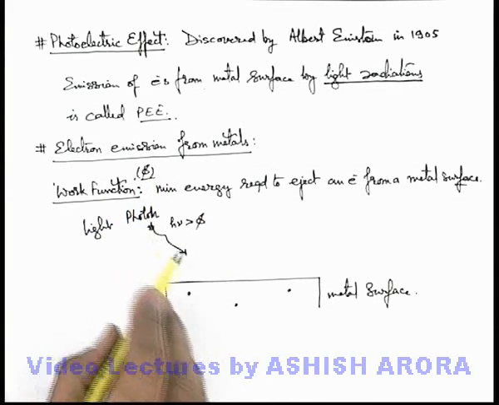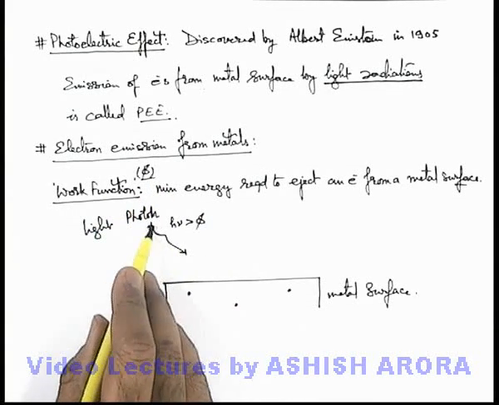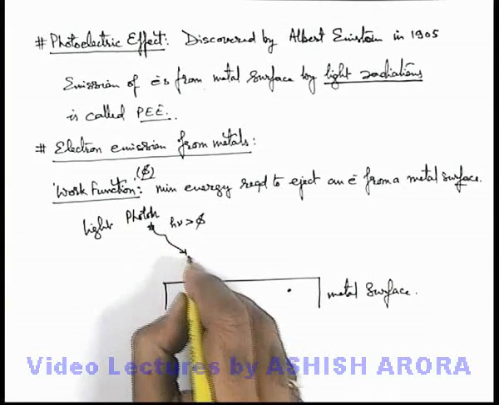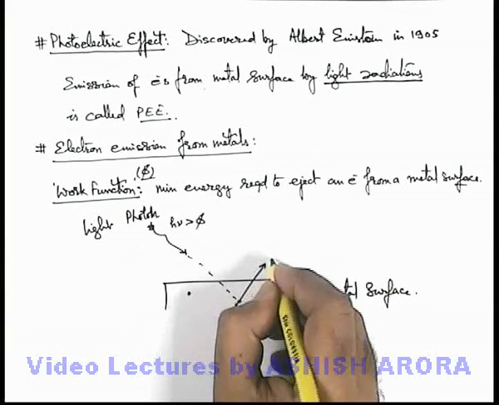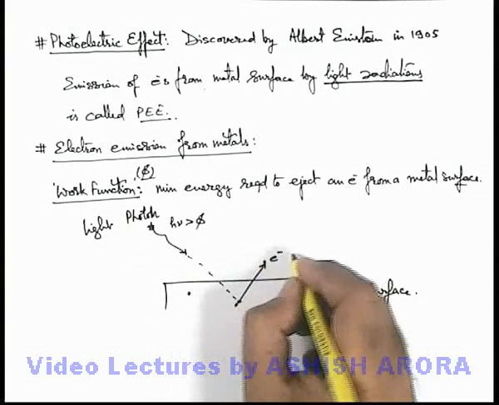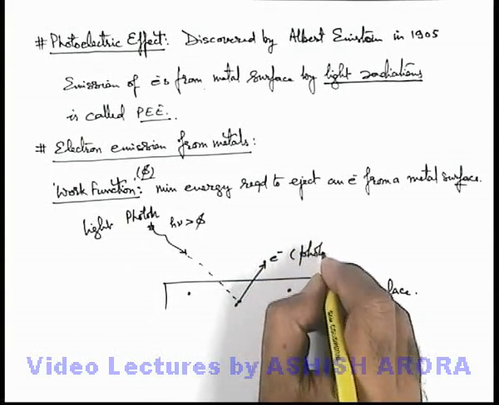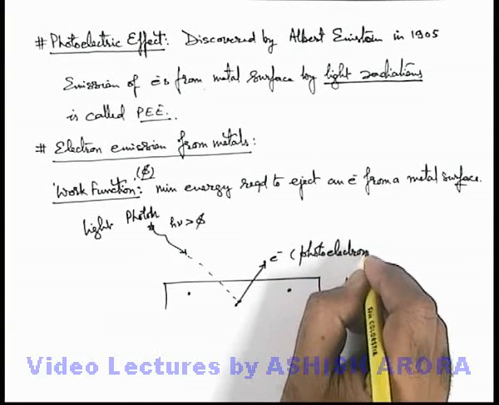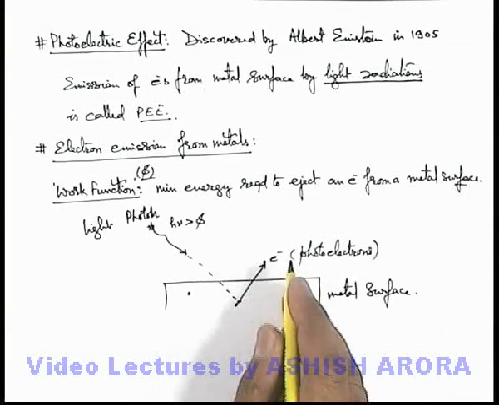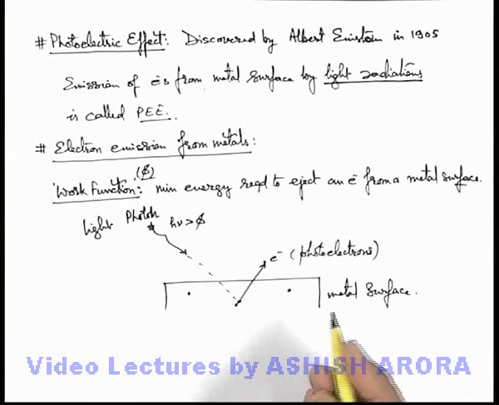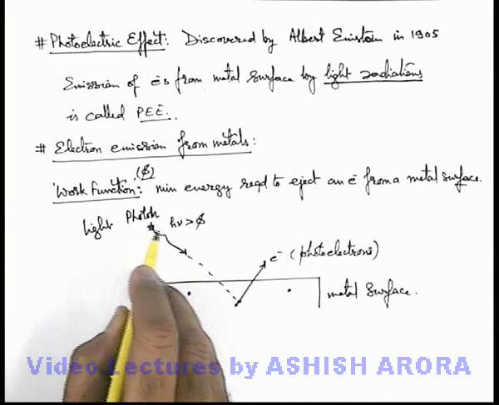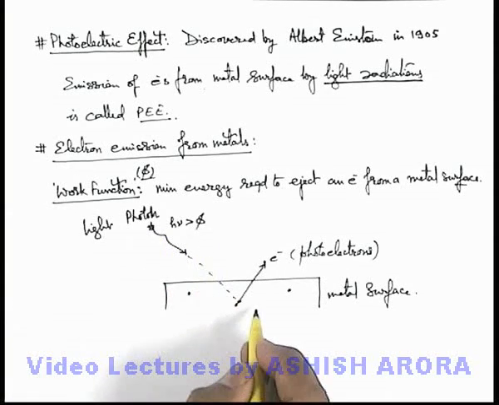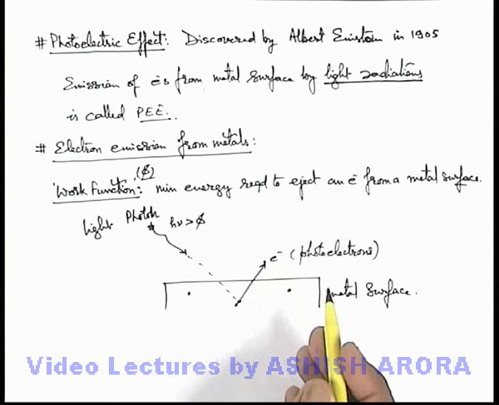So if the supplied energy to the metal surface for each photon is more than work function, and as soon as photon is absorbed by an electron, this electron will come out, and such electrons are called photoelectrons, which are ejected by the phenomena of photoelectric effect. So this is the way how photoelectric effect is defined. When the incident light radiation has photon energy more than the work function of metal surface, the electron will be ejected out.